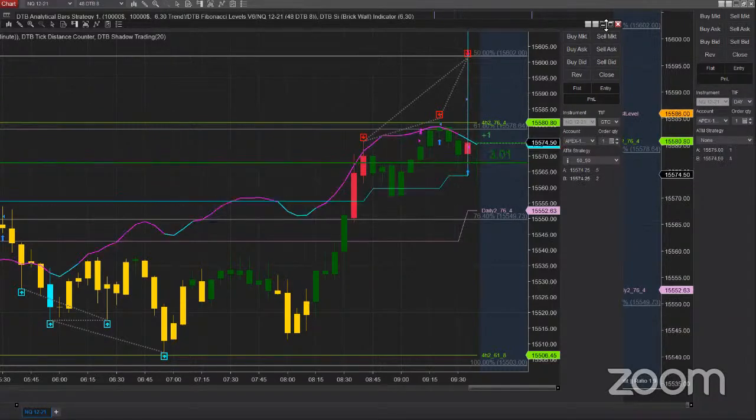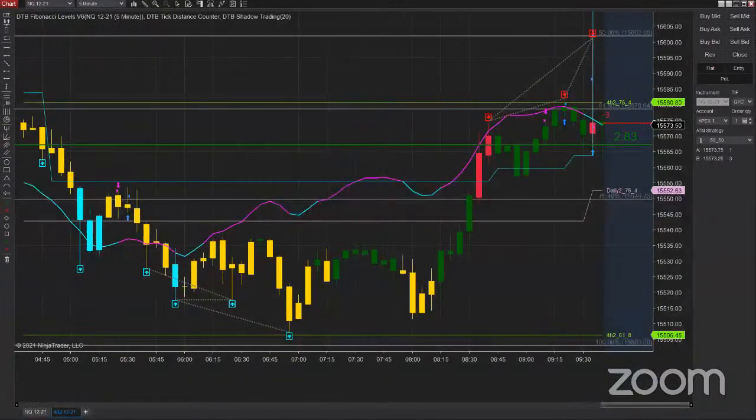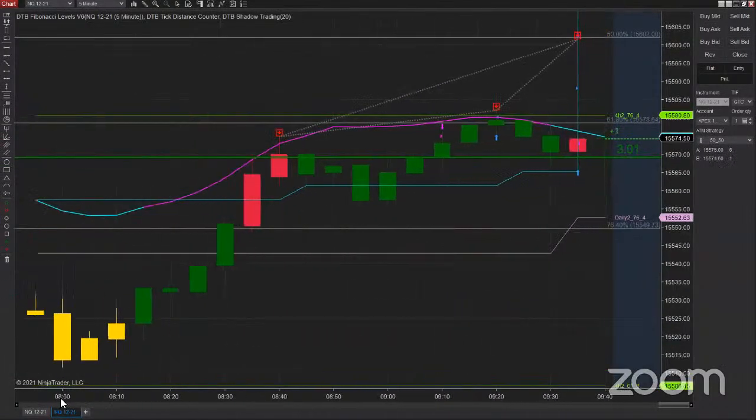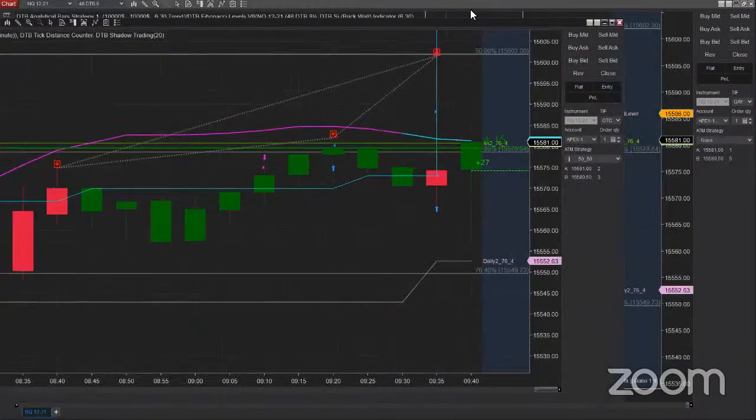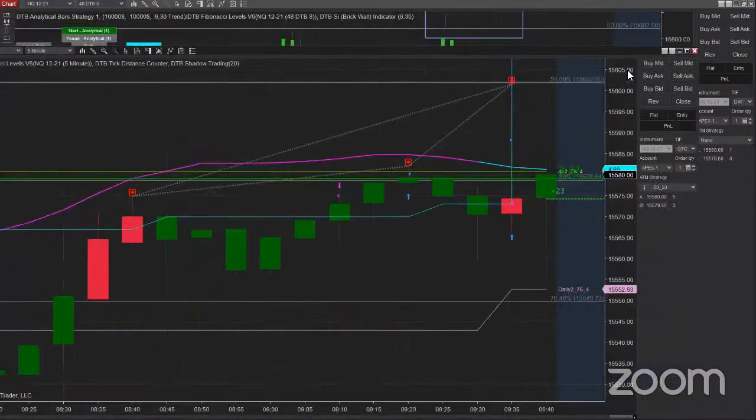How do I clear this? I just want to clear this. Oh, this is the one here. I don't know why it's not removing the drawing objects, but anyway.